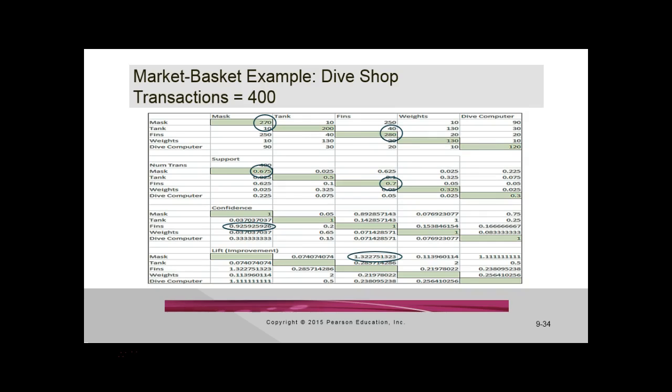If we analyze these lift numbers, give me the ones that have positive lifts, meaning that if this is bought, it increases the likelihood of this being bought. Give me another one that has positive lift. A lot of times, when we talk about support and confidence, we're really zeroing in on this lift.